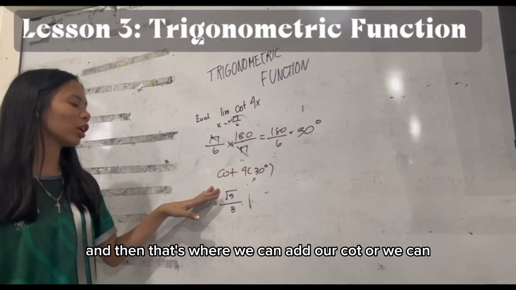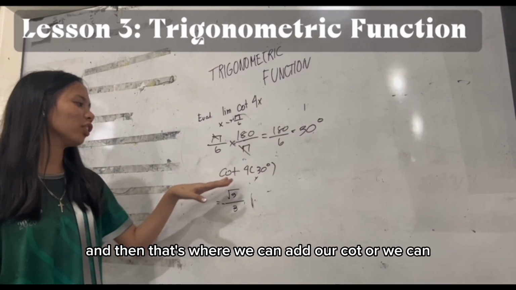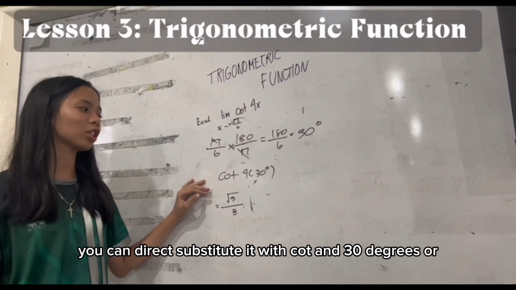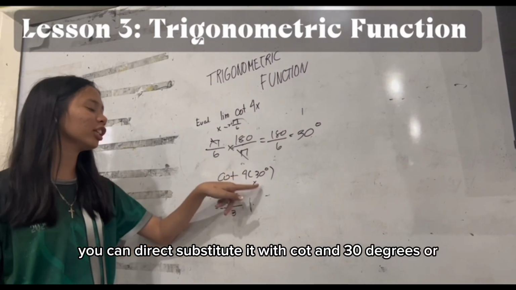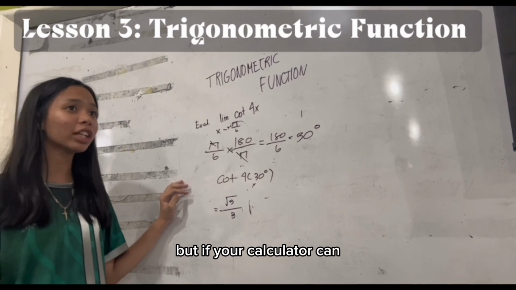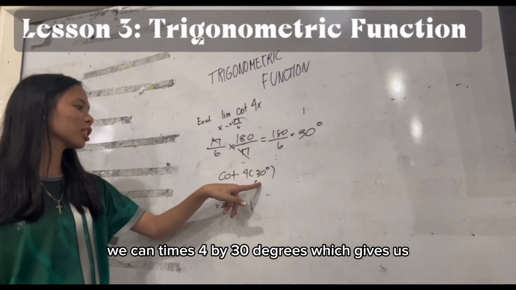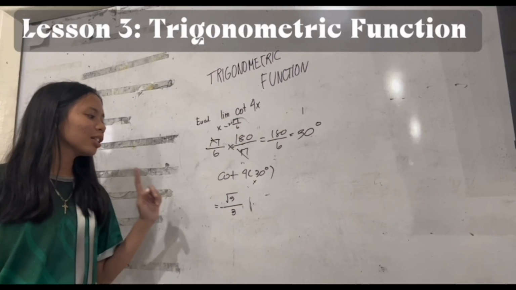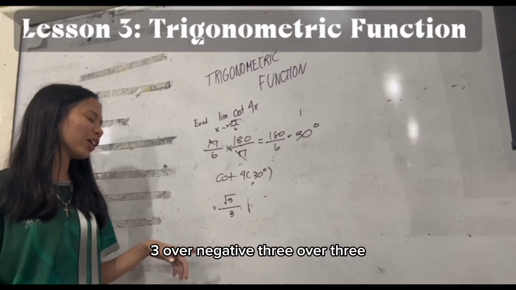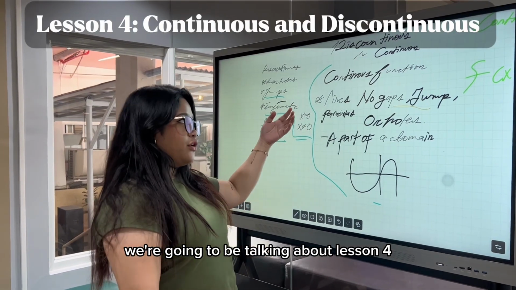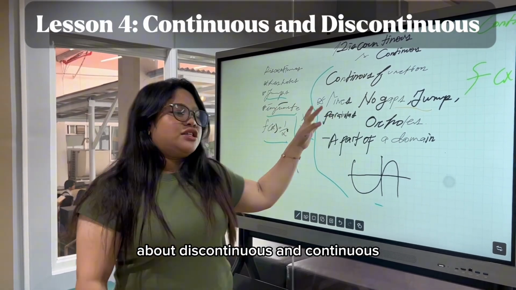And then that's where we can apply our cot. If your calculator can, you can direct substitute it with cot of 30 degrees, which gives us negative 3 over 3.